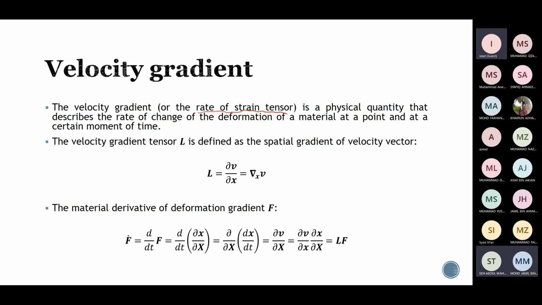So the velocity gradient, so tensor L, is defined as the spatial gradient of velocity vector. So L is just the gradient of the spatial or Eulerian velocity, sorry. So if you define L in terms of the deformation gradient, it's simply this, okay? Or rate of deformation, we get F dot equals LF, okay?